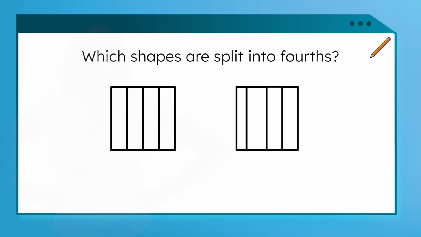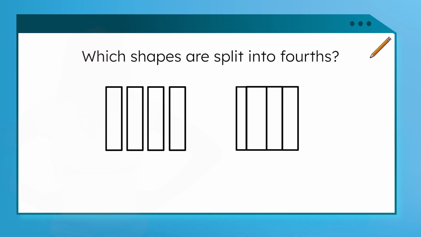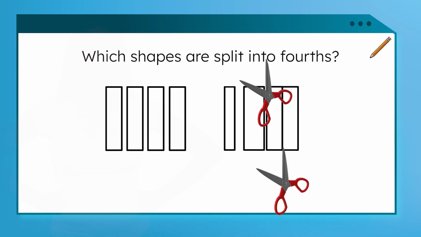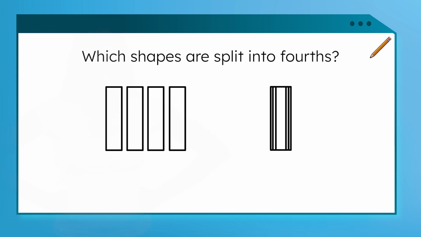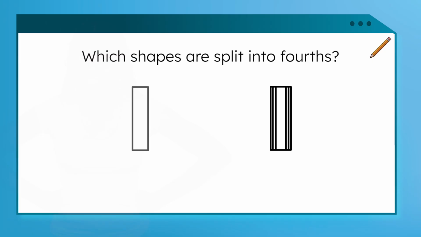Watch me cut them apart to check. What did you notice? That's it. Example C is the correct shape. The pieces in example D are 3 different sizes, but example C's pieces all match up. Great work!